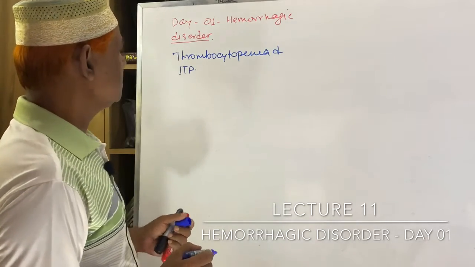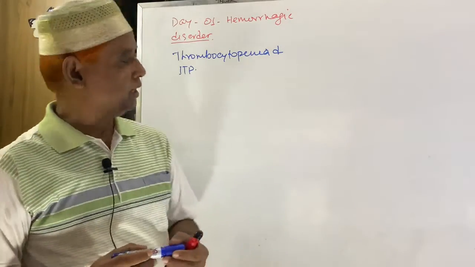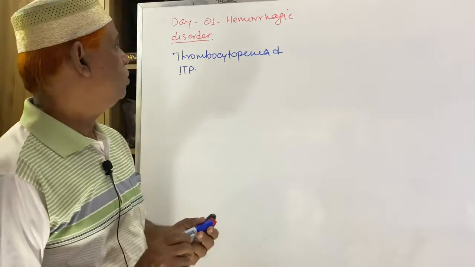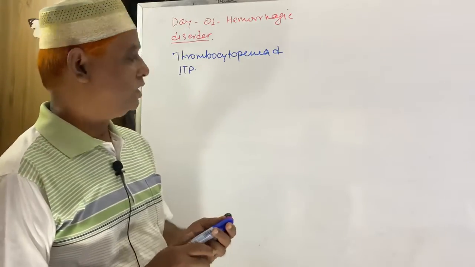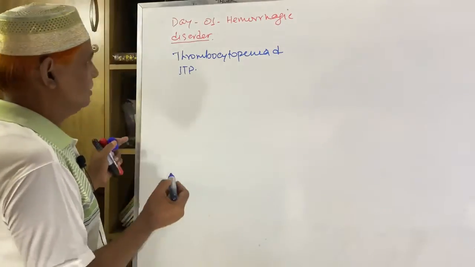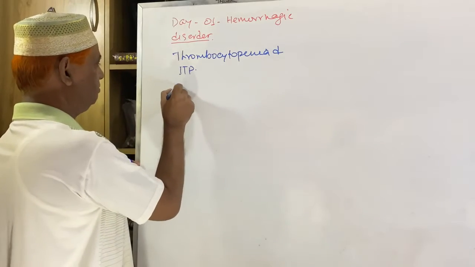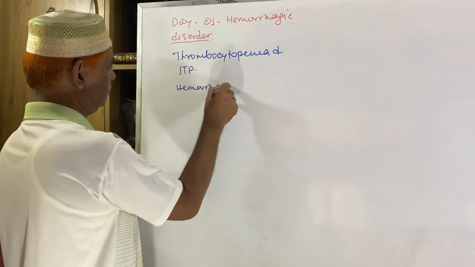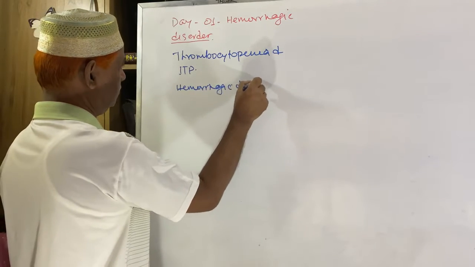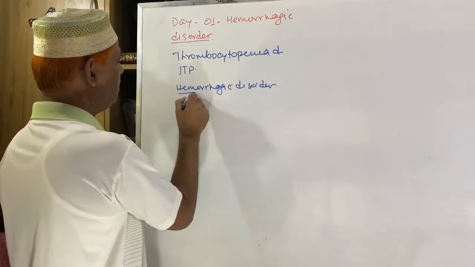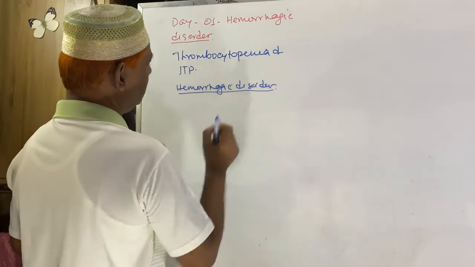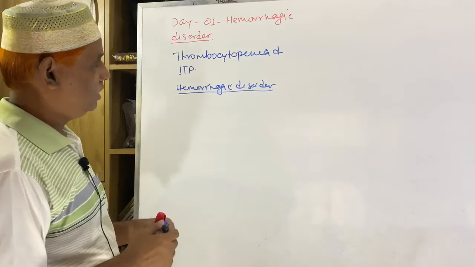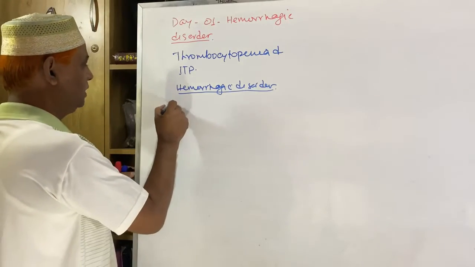Before going to discuss thrombocytopenia and idiopathic thrombocytopenic purpura, we have to recapitulate hemorrhagic disorder. What is the definition of hemorrhagic disorder?